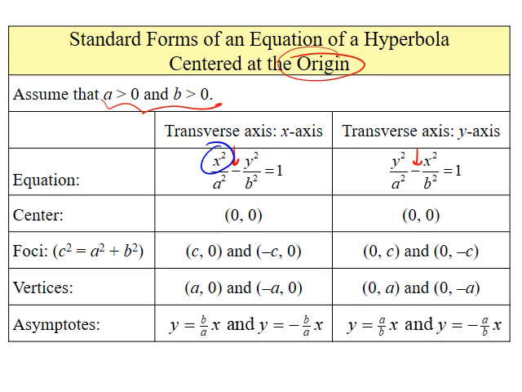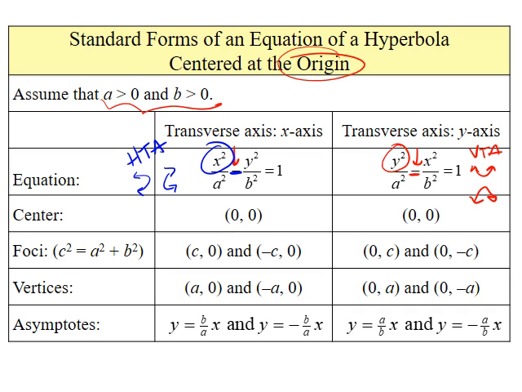So if x comes before the minus sign, you are going to have a horizontal transverse axis, which means the hyperbola opens right and left. On the other hand, if the y value comes before the minus sign, that means the y value is positive, then you're going to have a vertical transverse axis, which means the hyperbola will open up and down.